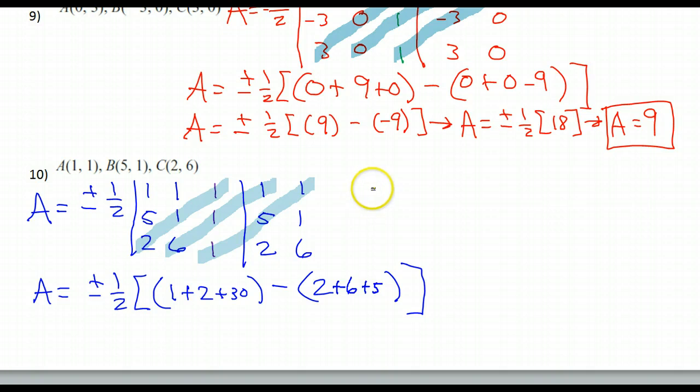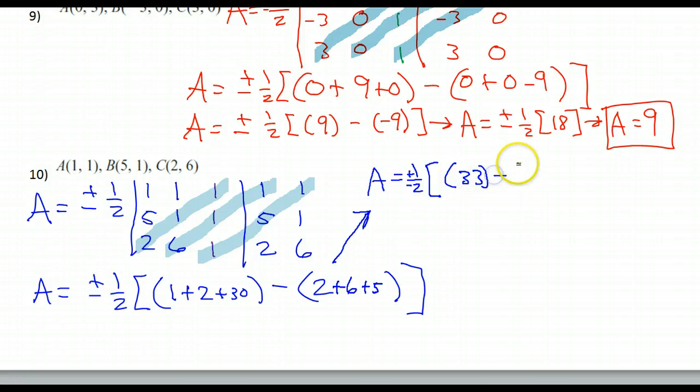Okay. Let me see if I can just bring this up over here. So the area is going to equal, I'm sorry, plus or minus 1/2. Now the down diagonals were, this is 33 minus the up diagonals. That's 13. Okay.